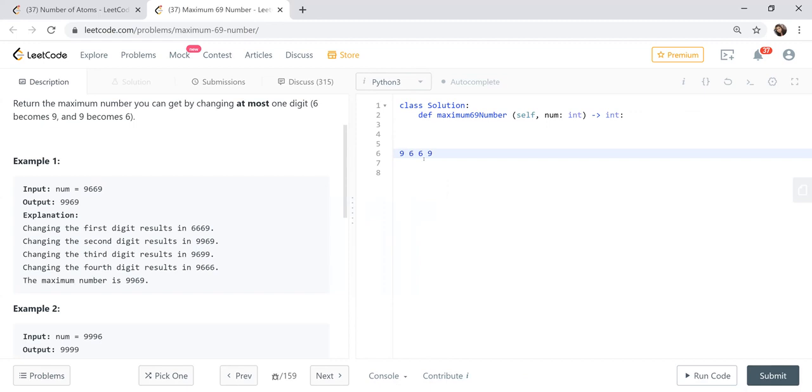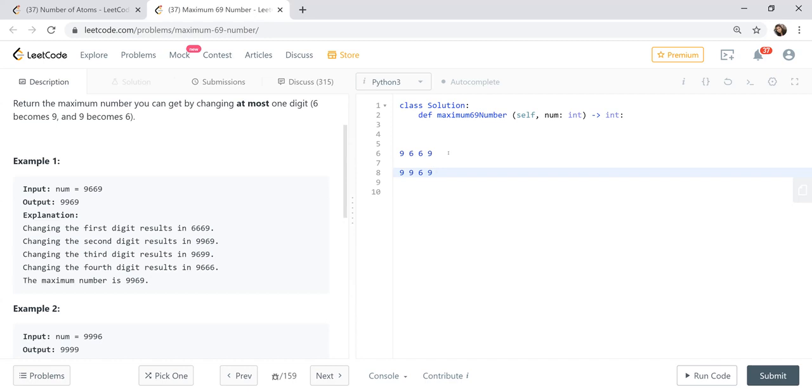Whenever any 6 comes, starting from the left, that would be our answer, and we need to convert that 6 to 9, like this. And that's it, I suppose.